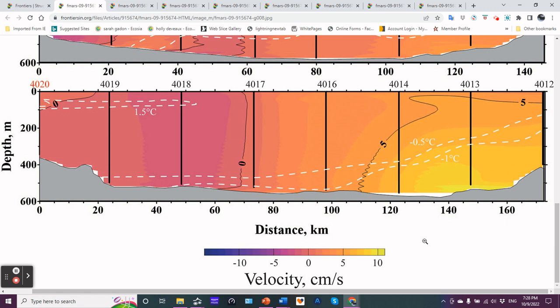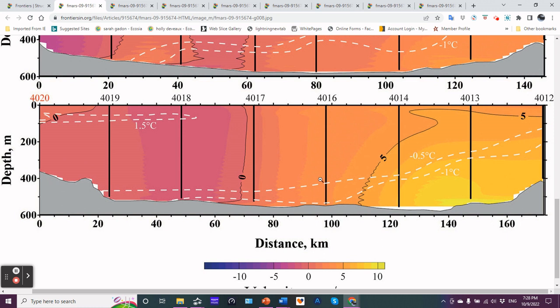It could be west, and then positive could be east, or it could be south, and positive could be north, whatever. But the negative simply tells you direction. So when you see the 0 indicated here, there's no velocity there.